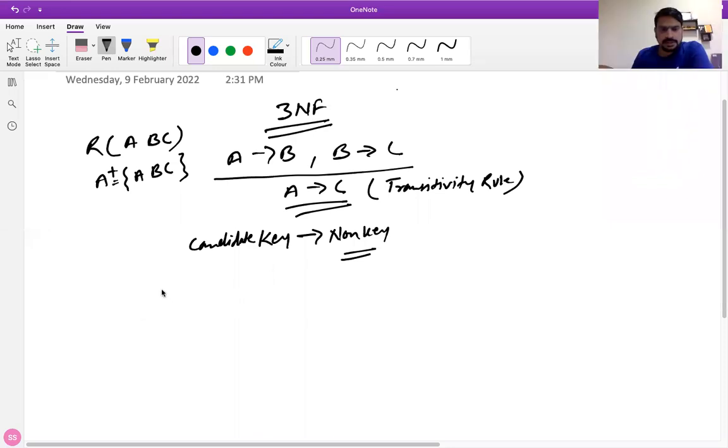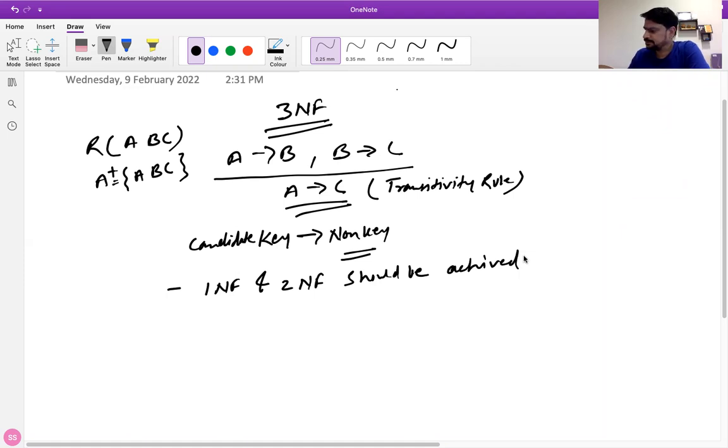Yes, I can repeat. So in third normal form, first normal form and second normal form should be achieved.